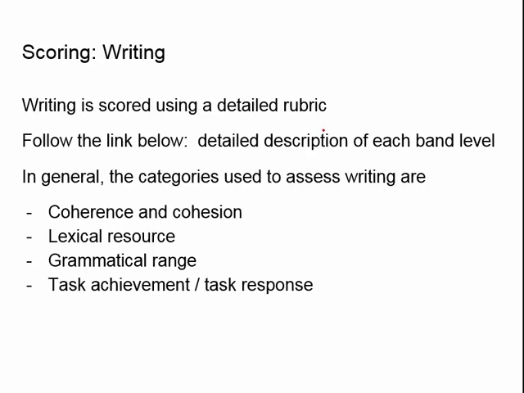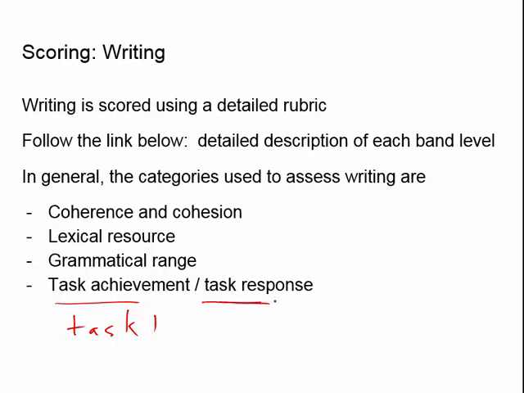Task achievement and task response are a little different. We'll talk about both of these in more detail in your writing lessons, but basically task achievement is for task 1 responses in the writing section, and that just means that you fulfilled all of the requirements for the task. You followed the directions carefully and did everything they wanted you to do.